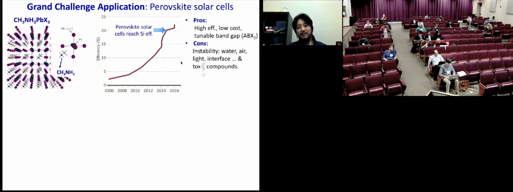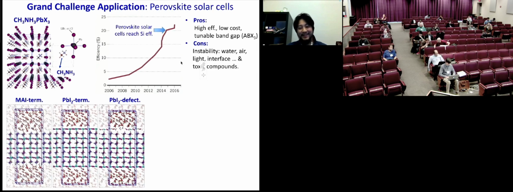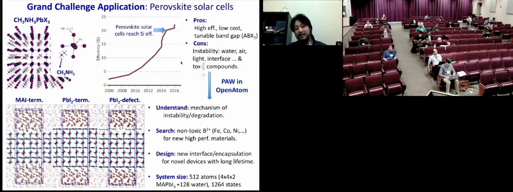But the bad thing about this material is that it is very unstable. It pretty much dissolves in anything. So we're trying to look at what's happening there, and for example, we can expose this material to water and run some MD, and we can also look at some other directions.